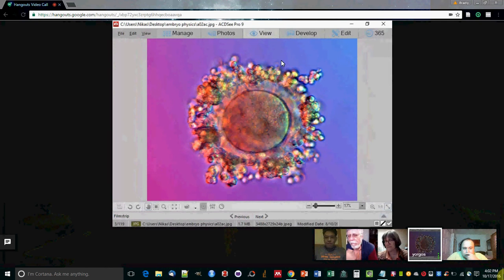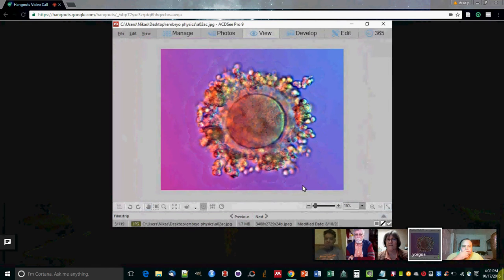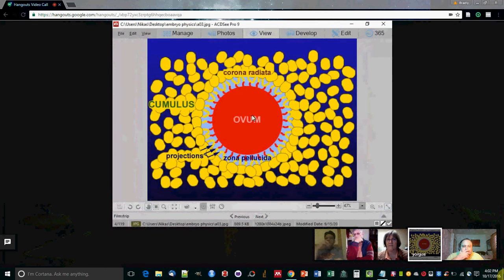Here you see an ovum, a human egg, which at the time of ovulation is surrounded by the cumulus cells called corona radiata. These cells actually feed it. Here is a graphic.